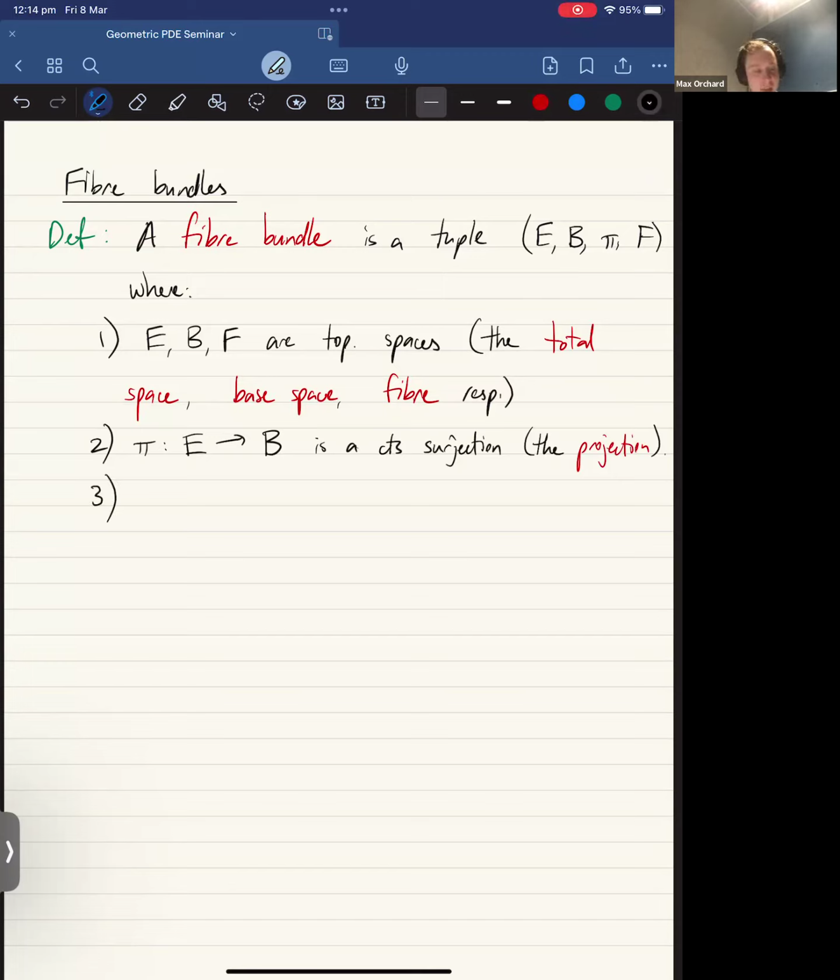And finally, we want this fiber bundle to locally look like a product space.